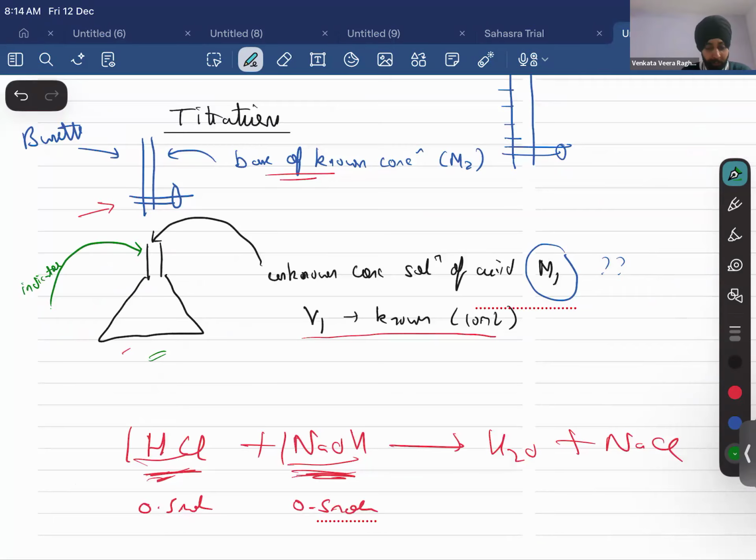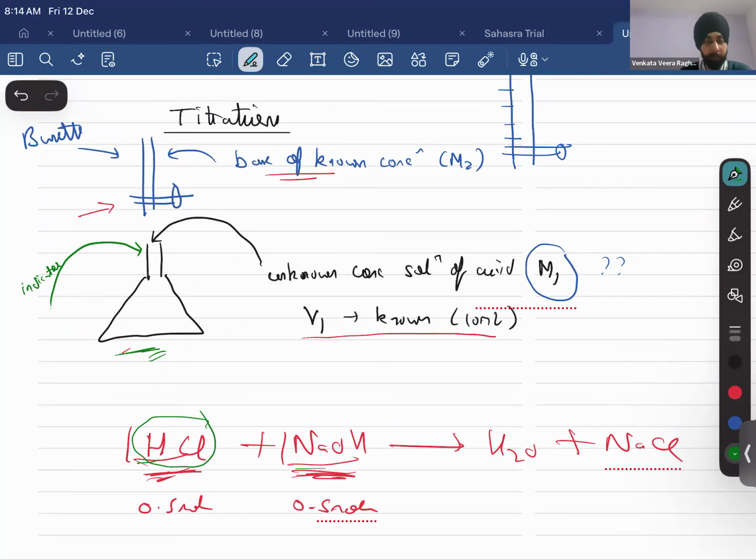When you only have the acid solution, the indicator will have some color. Then when you start adding base from the burette, acid plus base will react together, so the amount of acid will decrease.